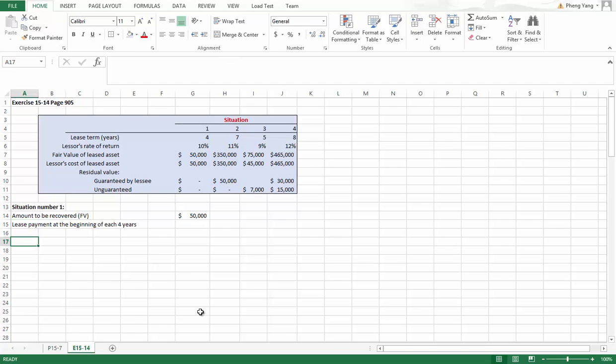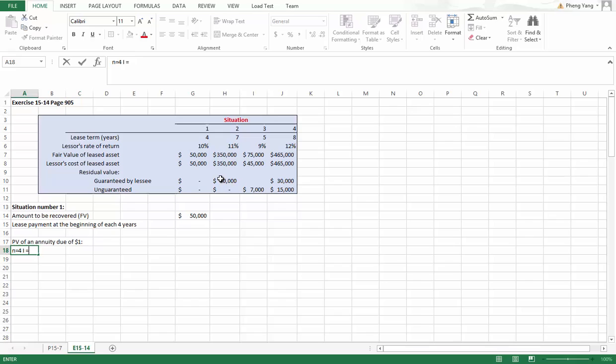We're going to take the present value of an annuity due of $1. Our number of periods is going to be 4, because the lease term is 4 years. The annual lease payments are payable at the beginning of each year, so our number of payments is going to be 4.